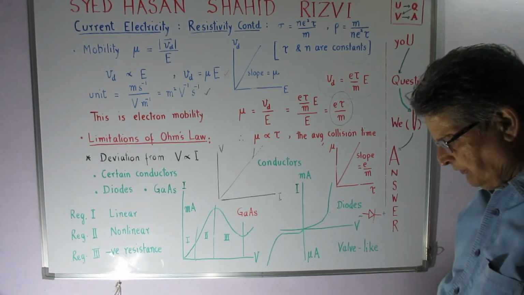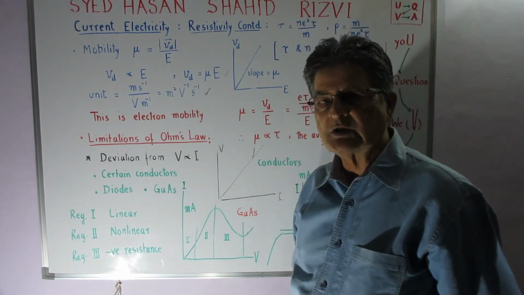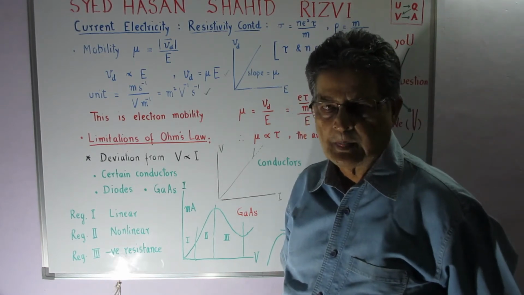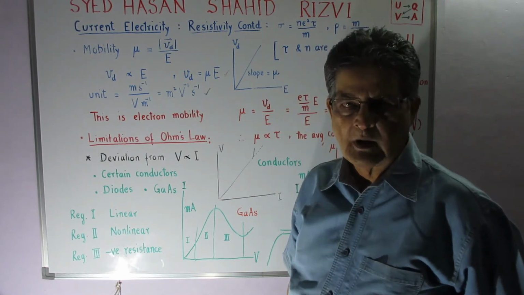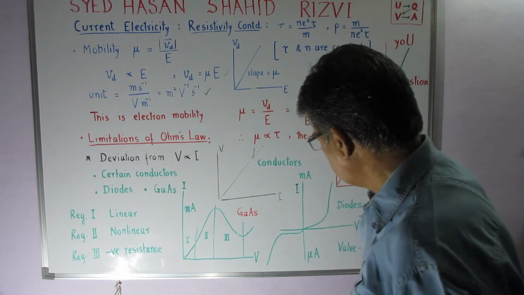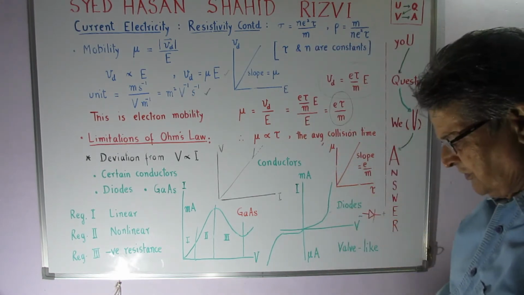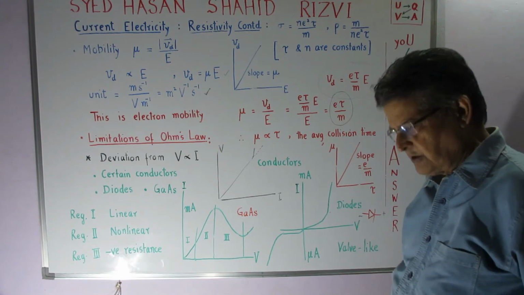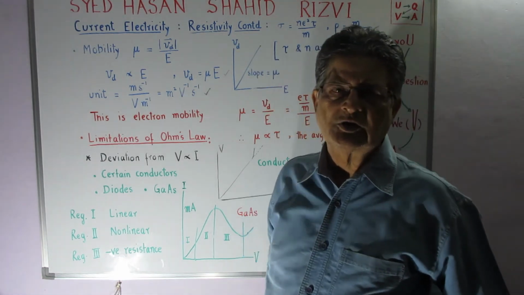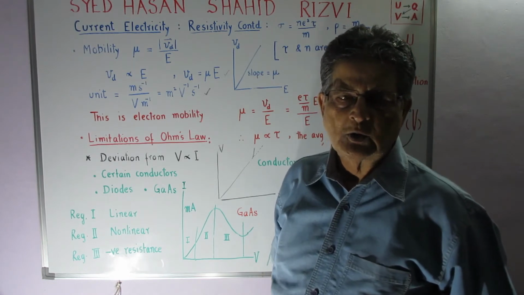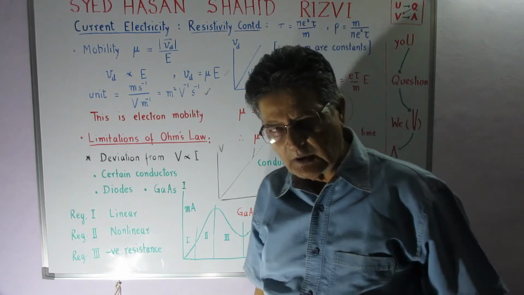Historically, diodes first came as what are known as cat's whisker diodes. Thereafter the diodes were in the shape of valves, and then the semiconductor diodes came. For normal semiconductors, I told you that the conductivity of the semiconductors is between those of the good conductors and the bad conductors, the conductors and the insulators.